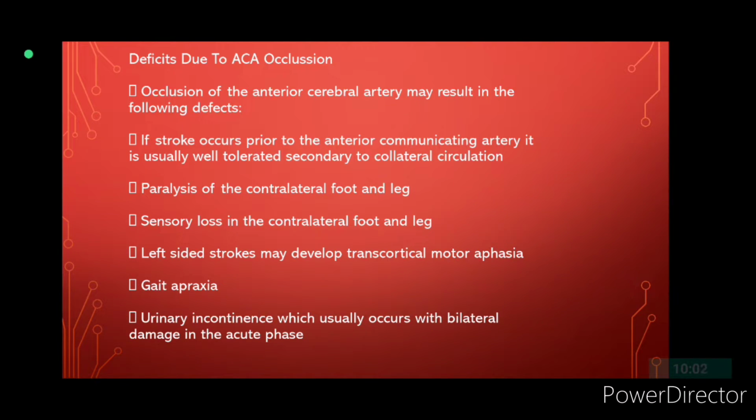Left-sided strokes may develop transcortical motor aphasia. Fifth, gait apraxia. Sixth, urinary incontinence, which usually occurs with bilateral damage in the acute phase.